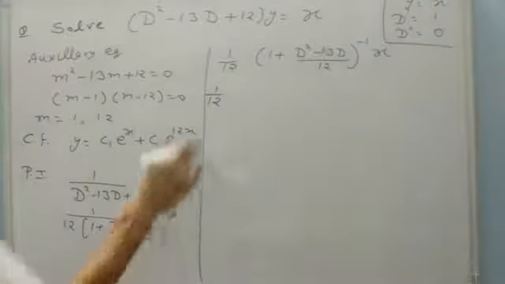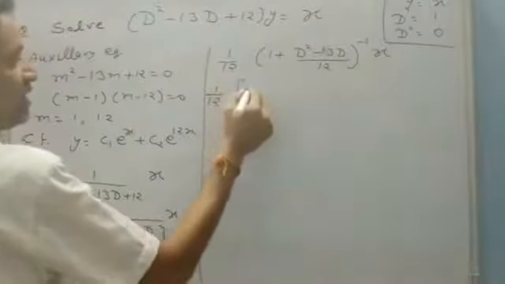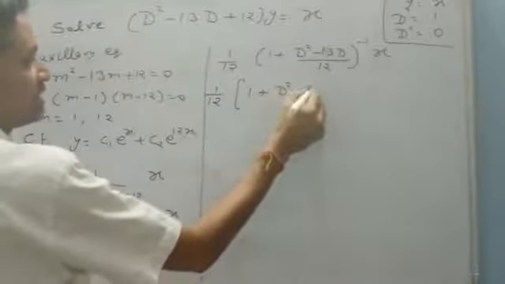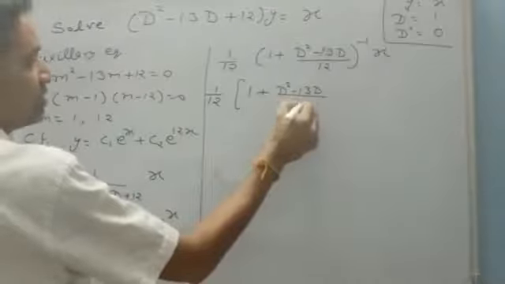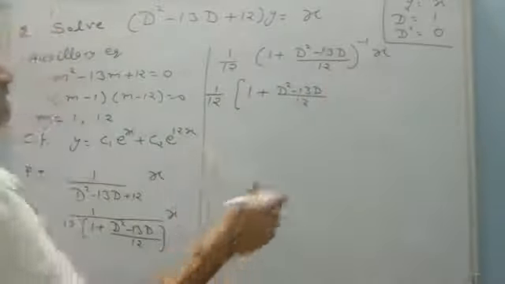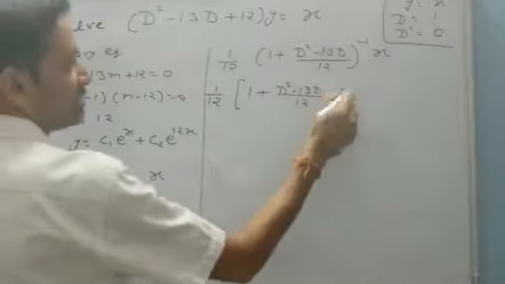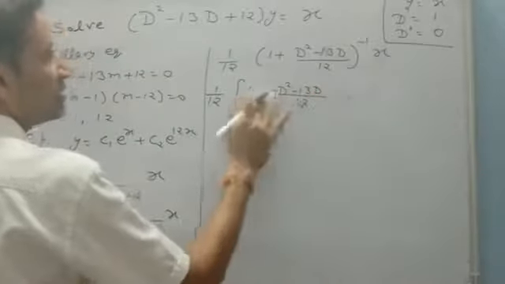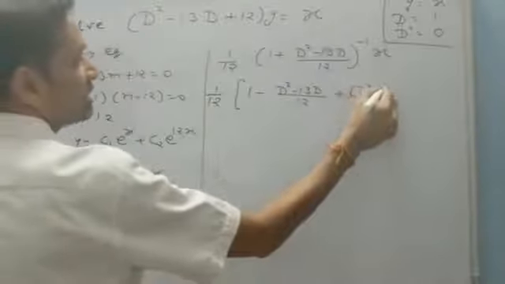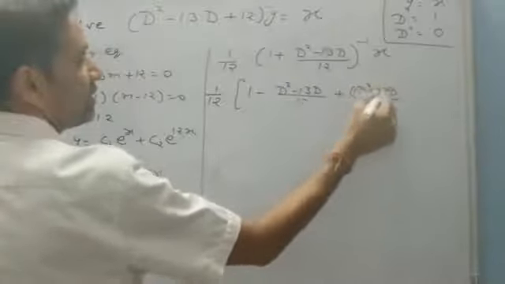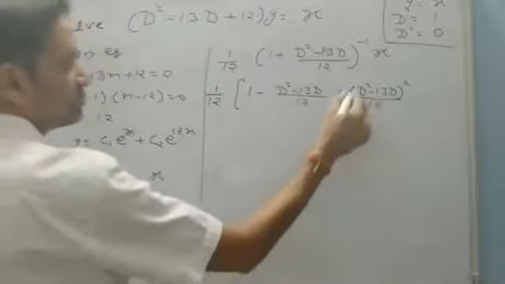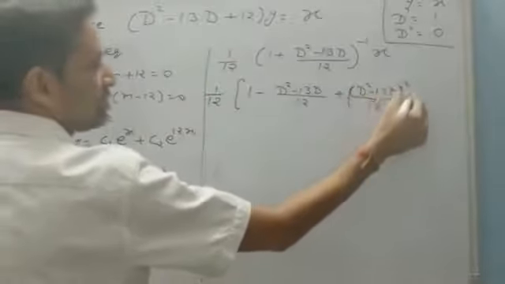So when I expand it, it will become 1 plus (D square minus 13D) upon 12. Here is the second derivative and first derivative which we have used. Again, the second expansion will be 1 minus, then plus (D square minus 13D) square upon 12, and so on.